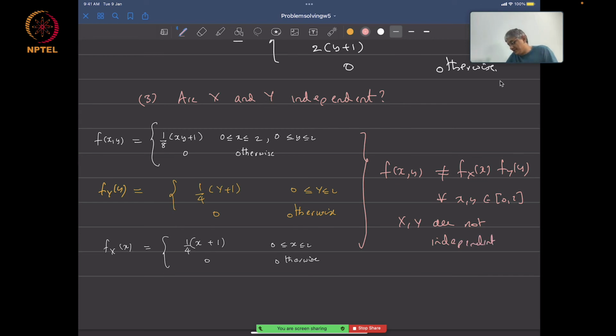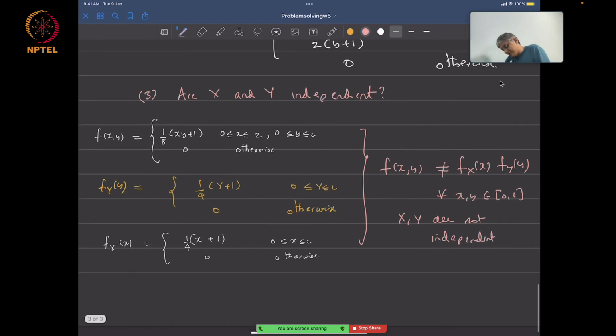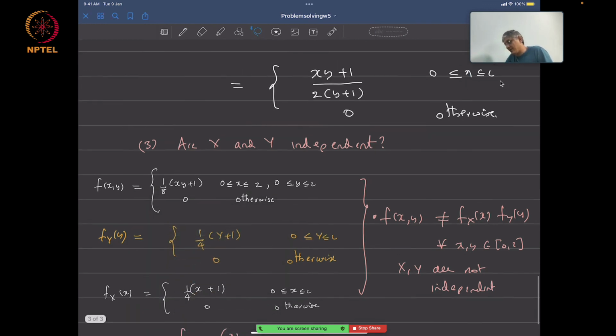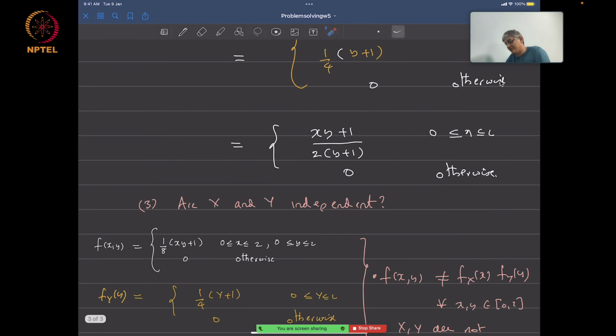But the easier way to do it is this: you look at f of x given y equal to y at the point x. If you look at the expression above, it depends on y, because y is fixed. So let me make all the y orange here just to make sure everything is consistent.